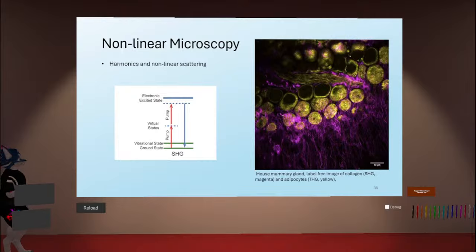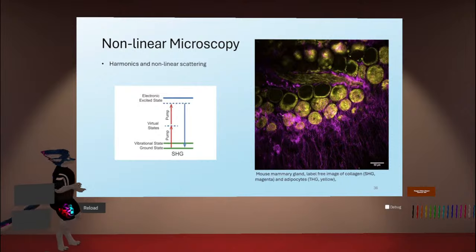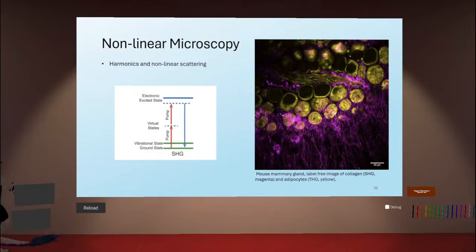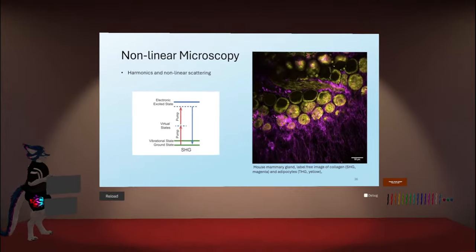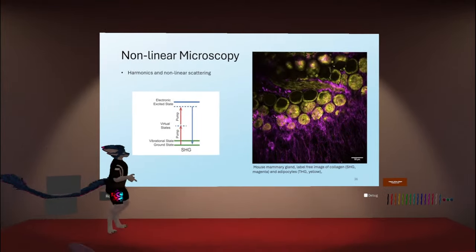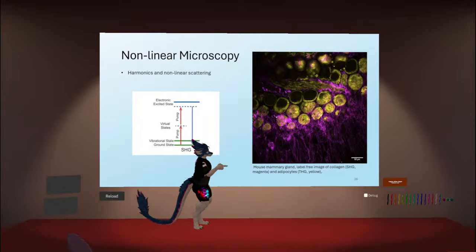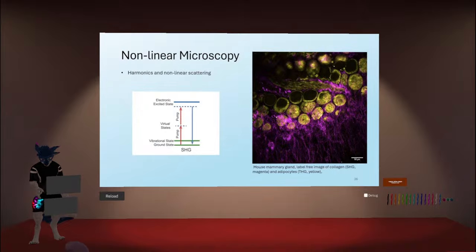You can take advantage of other nonlinear effects. So we already talked about multi-photon absorption, but you can also get second harmonic imaging, where it looks very similar. You're absorbing 2 photons, but now it's the generated photon that elicits the effect. And you can use this as some contrast.